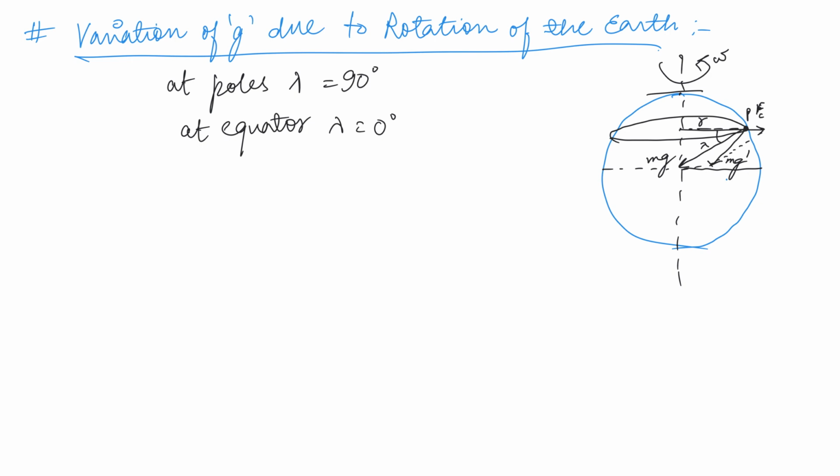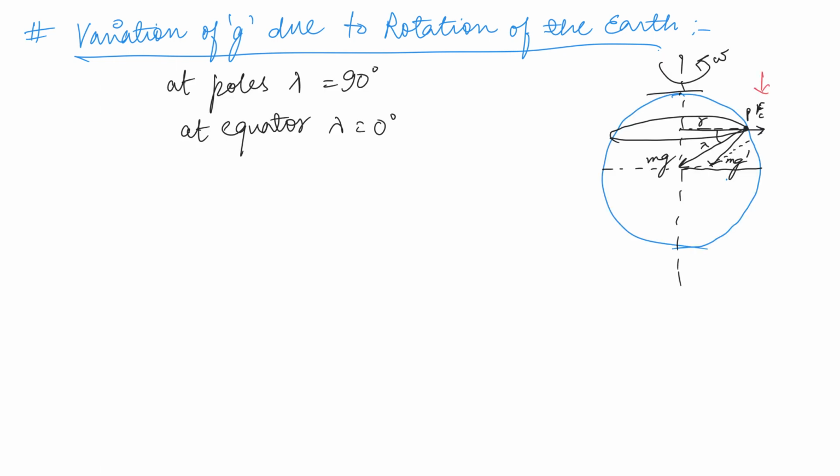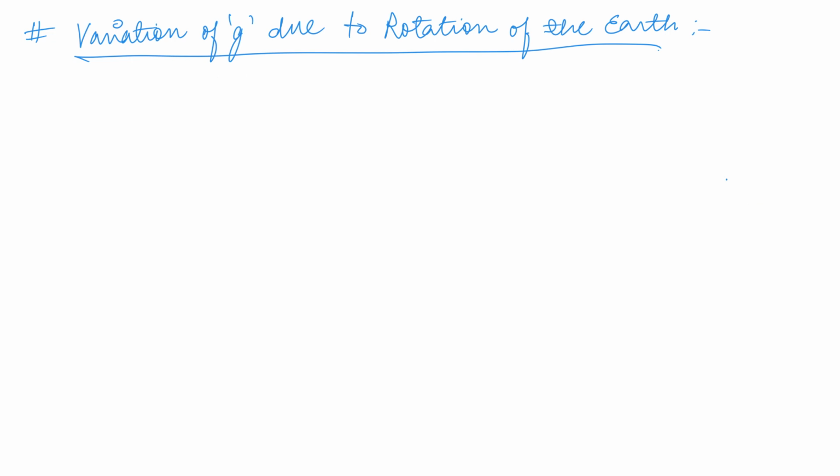Now we know that as earth rotates, a body placed on its surface moves along a circular path, and hence it will experience a centrifugal force, since the earth is rotating and the body is on the surface of the earth. Whenever a body is placed on a rotating surface, it experiences centrifugal force. When the body is attached to something and it itself rotates, then it experiences the centripetal force.